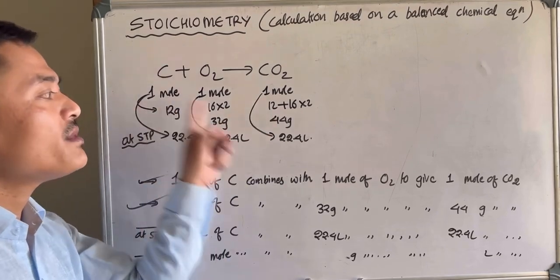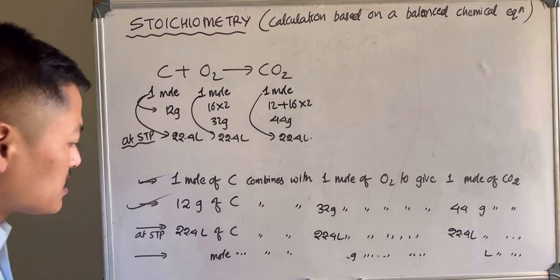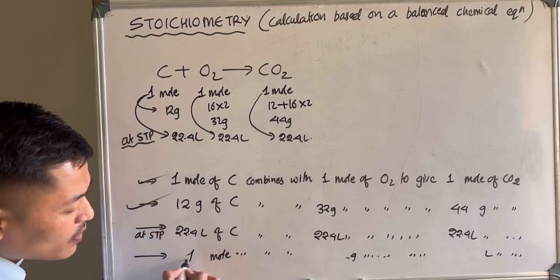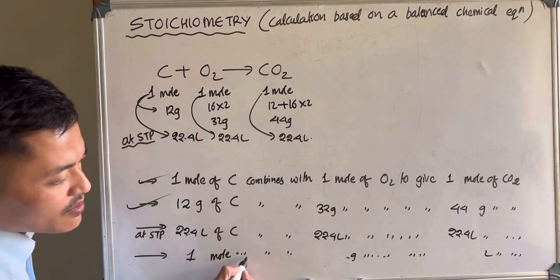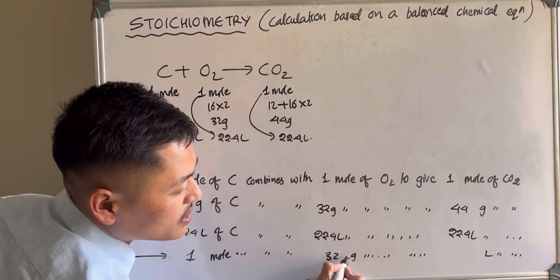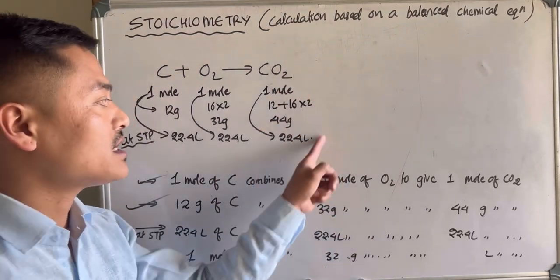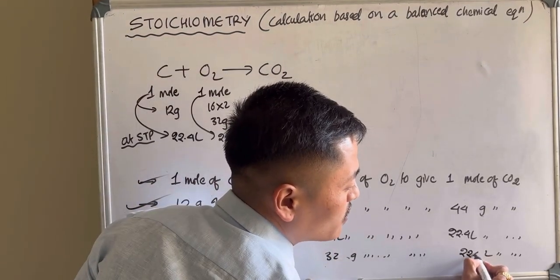There might be so many combinations possible. That is why you must understand the topic. Here you can say that 1 mole of carbon will combine with 32 grams of oxygen, and it will produce 22.4 liters of carbon dioxide.